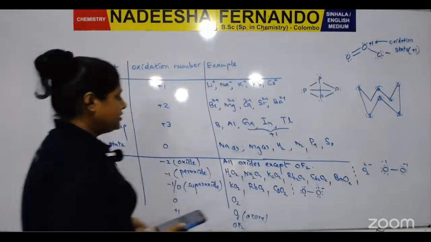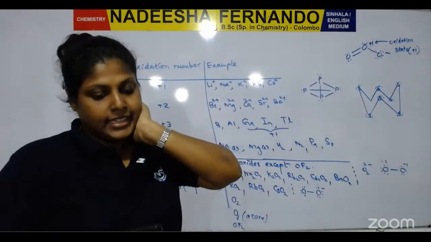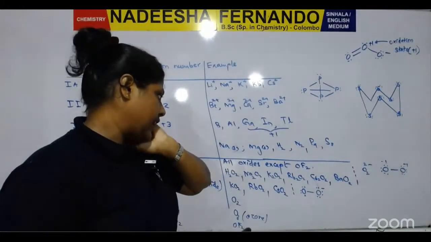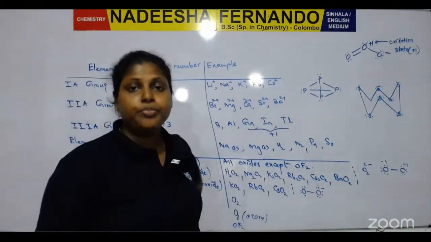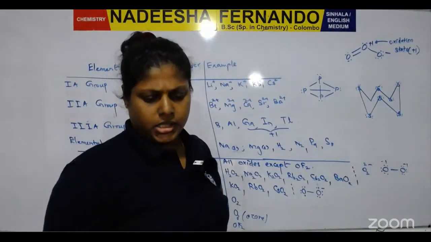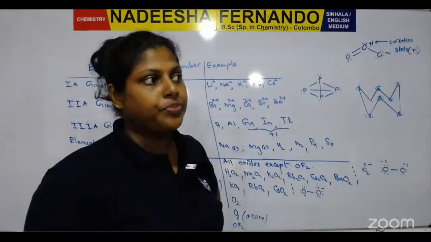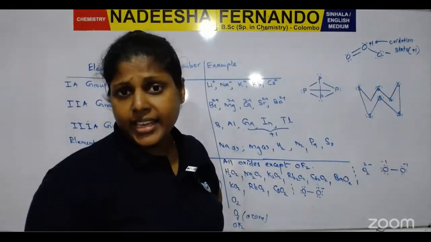Right. Done. One of you guys can ask why elements other than potassium, rubidium, cesium do not form superoxide. The main reason is the small size.